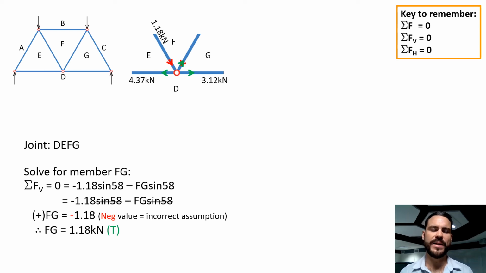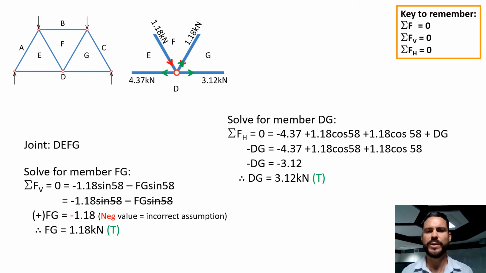And I've gone and corrected that by shifting a green arrow on my diagram there. Okay, so that was a genuine process that I went through initially. All right, but I think it's important to show you how that happens. And it doesn't matter if you get it wrong as long as you get it right in the end. So we've now got that 1.18 as a pulling force away from our joint.